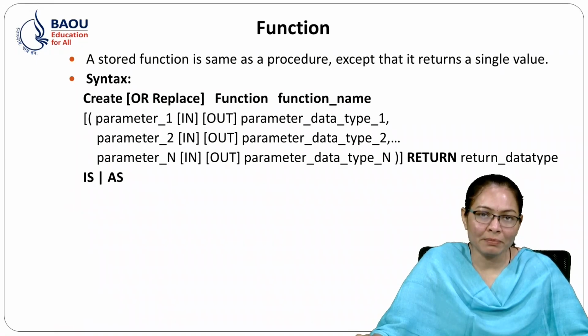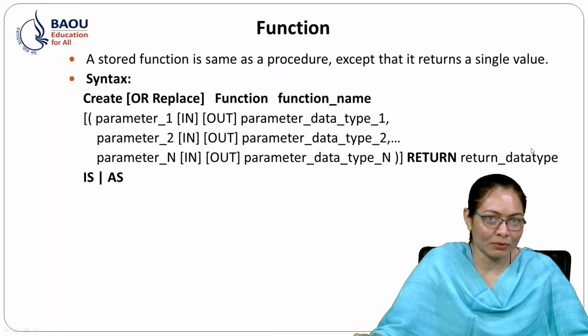Now, every PL/SQL function must have a return statement in the execution part. Here, RETURN, then return data type. The RETURN is specified in the header part of the Oracle PL/SQL function, and it specifies the data type of the value returned by the function.